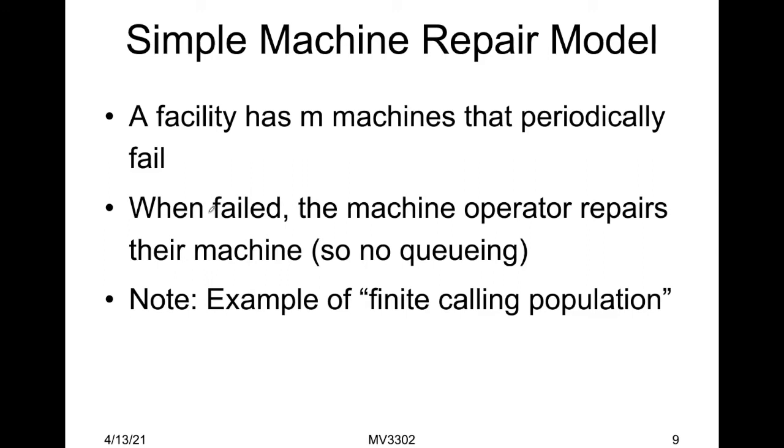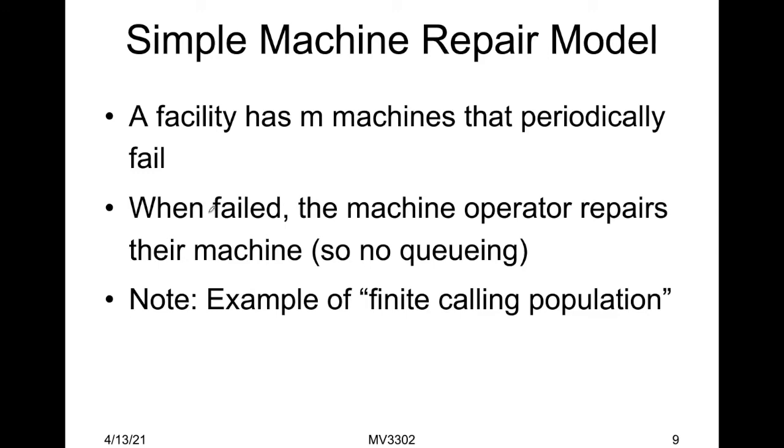So in the question that I posed to you, the machines are either operating on their own, or the operator is not the repair person. So there's a separate resource of repair people in that situation.